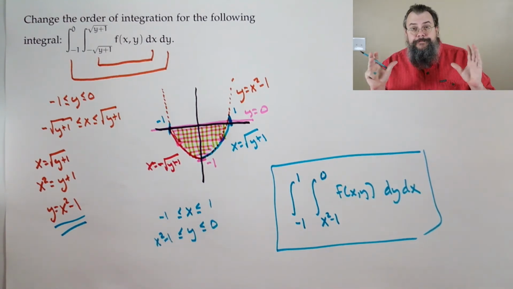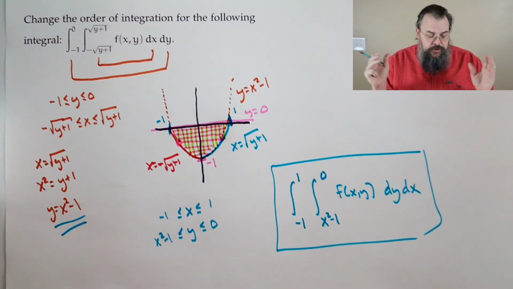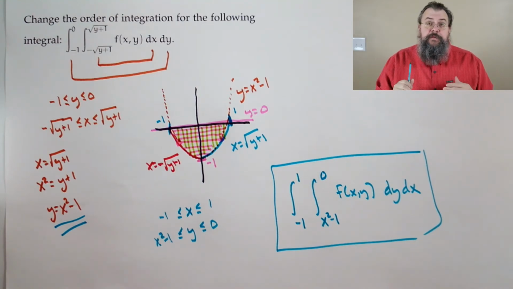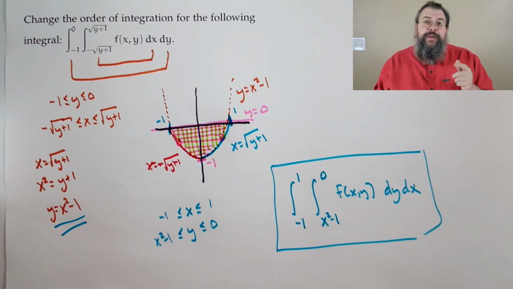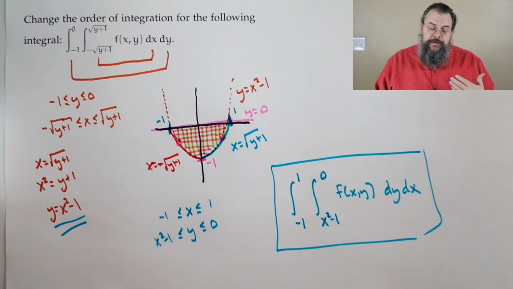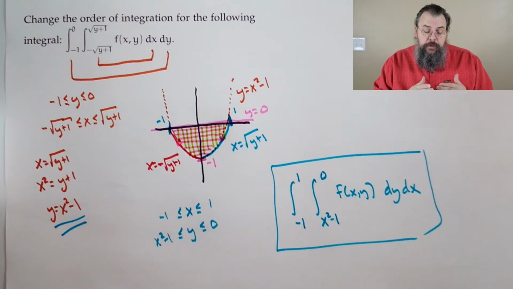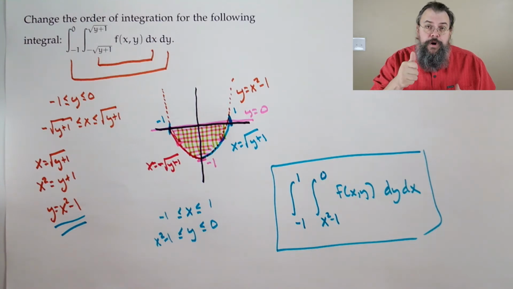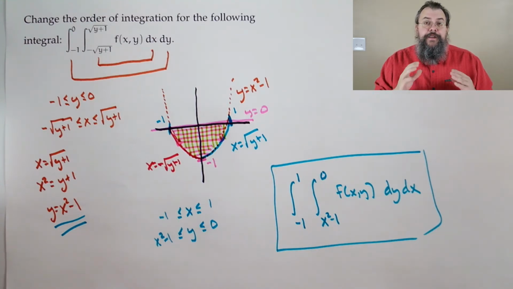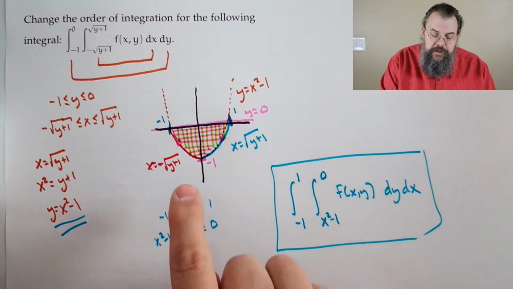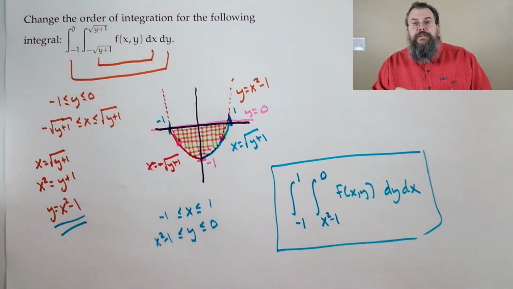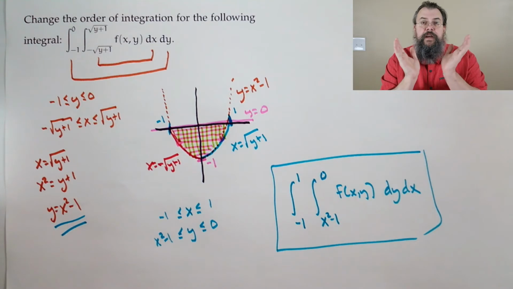Now, one small note, and we'll see this in other problems, but I want to emphasize, we did take advantage of the fact that for this particular shape, when we cut things up, we only had to have one description. In other words, in terms of the horizontal slicing, there was a consistent left and right side.